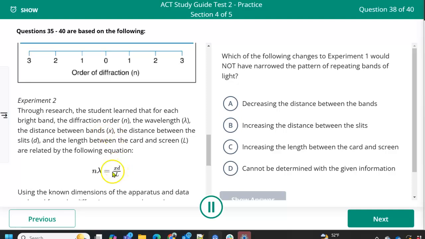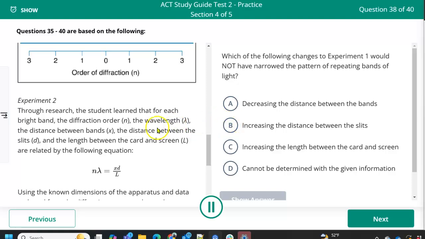Now if you decrease that, it is going to decrease n. So that's not what we want, because that would narrow the pattern.